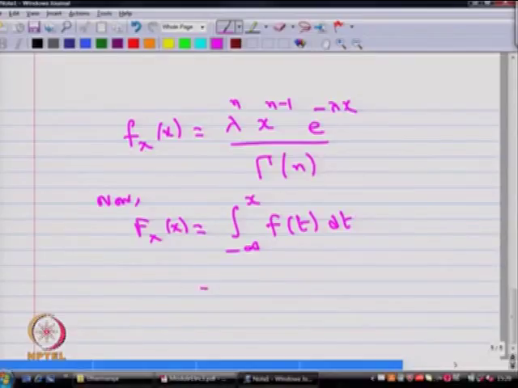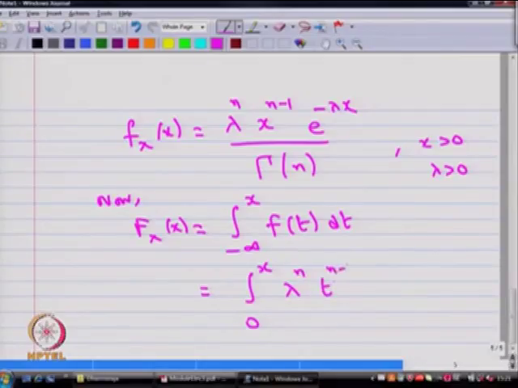This is valid for x greater than 0 and lambda greater than 0. So, this integration is valid from 0 to x of lambda power n t power n minus 1 e power minus lambda t divided by gamma of n dt.